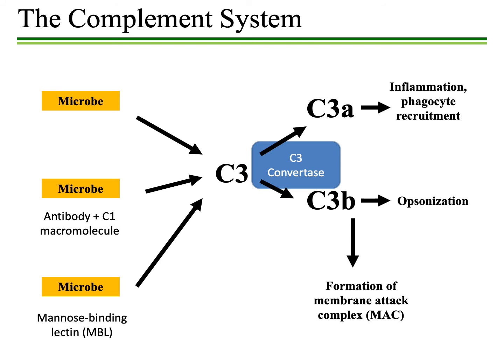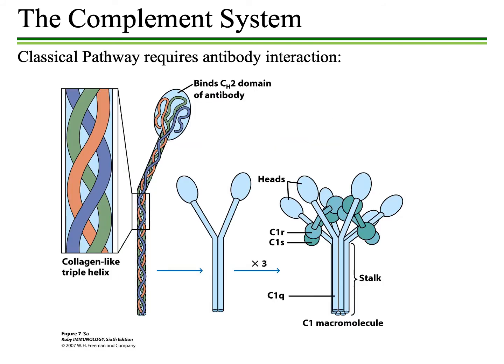So, as I mentioned with the last slide, I wanted to take a closer look at the classical pathway and how exactly the activation mechanism takes place. There is what's known as the C1 macromolecule, and as you can see here in this figure, it's actually made up of multiple different proteins interacting to form this stalk-like structure.